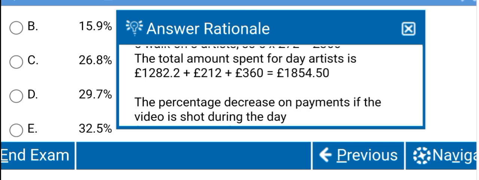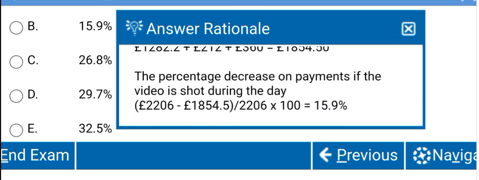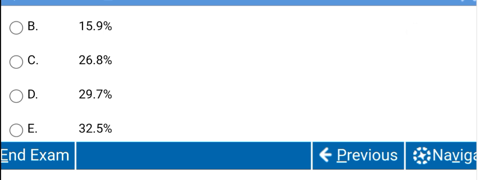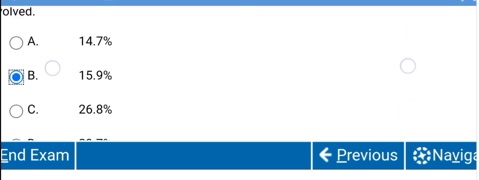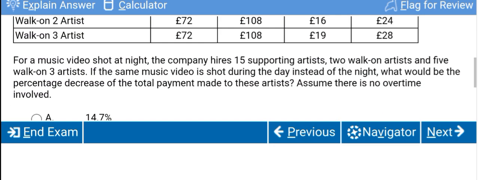The percentage decrease on payments if the video is shot during the day is 2206 pounds minus 1854.5 pounds divided by 2206 multiplied by 100 equals 15.9%. So here we have the correct response is option B.